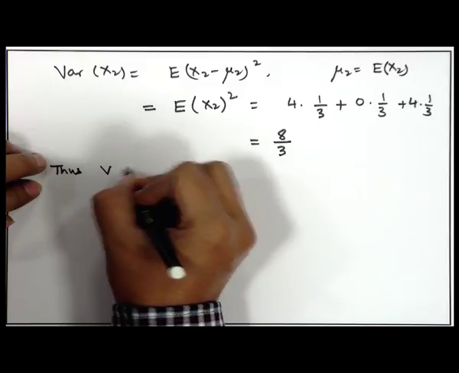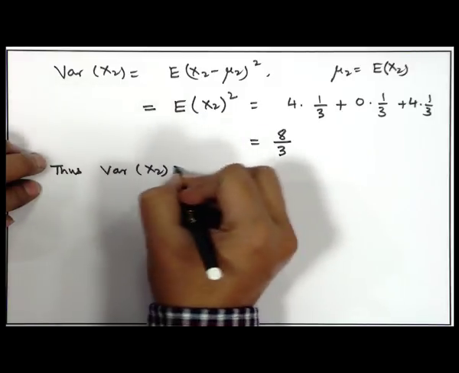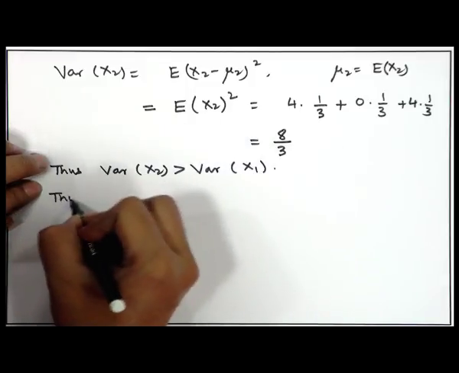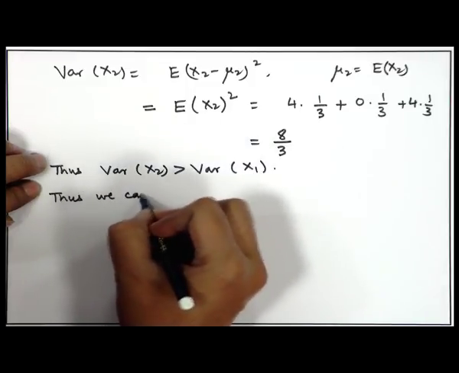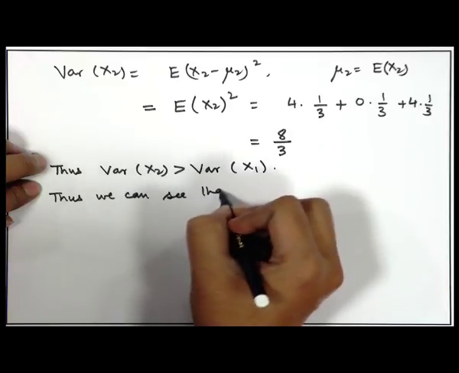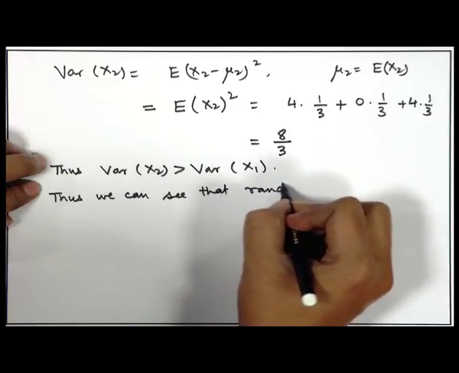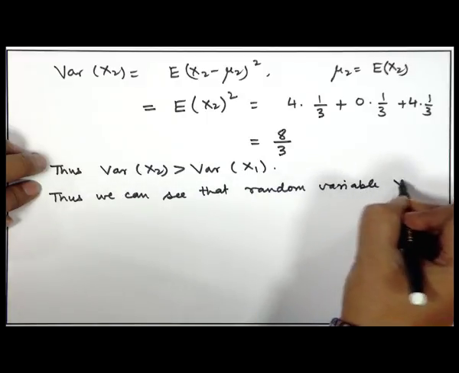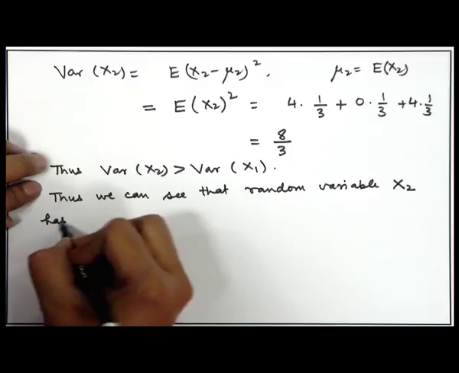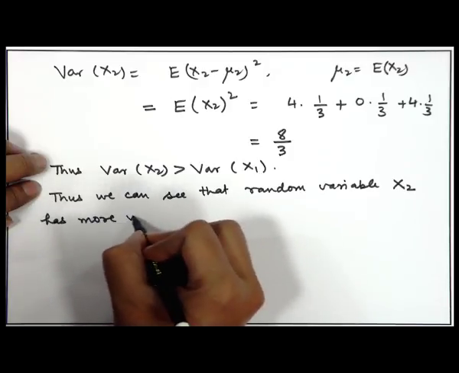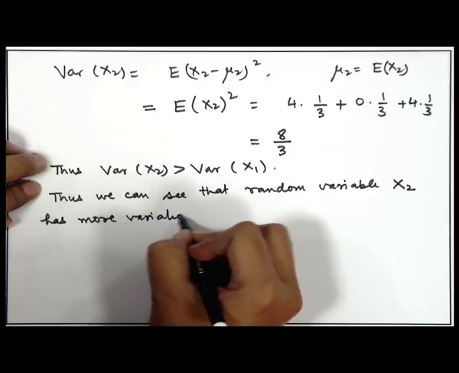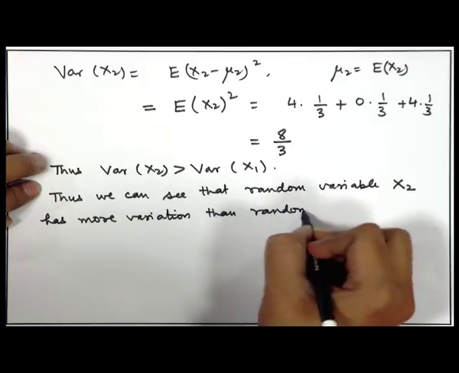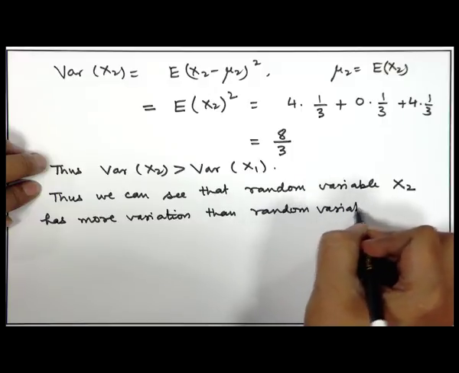Thus, variance of x2 is greater than variance of x1. Thus, we can see that random variable x2 has more variation than random variable x1.